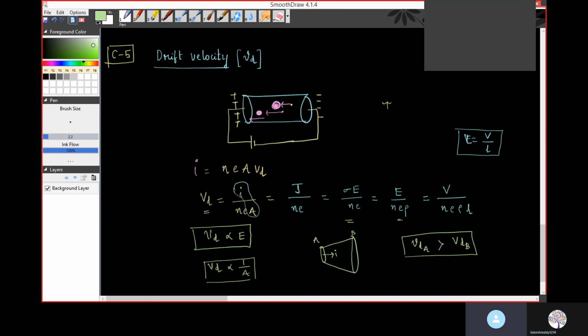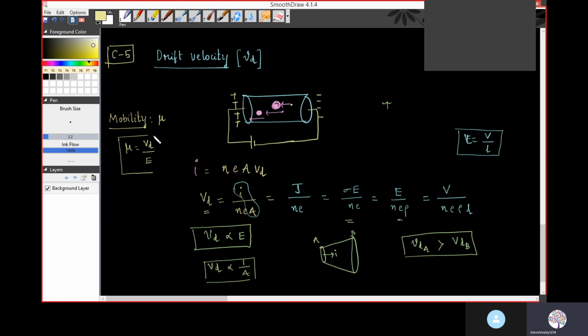Another important point we write is mobility. Generally it is denoted by mu. Mobility is drift velocity per unit electric field.